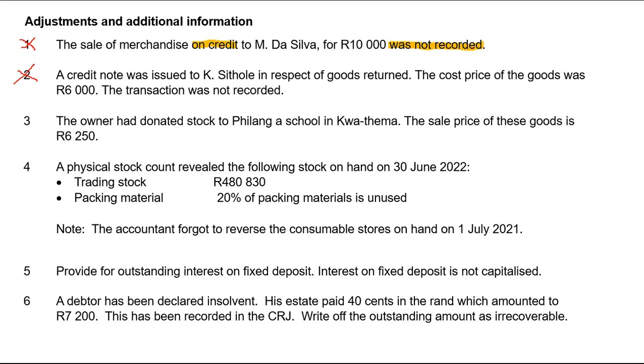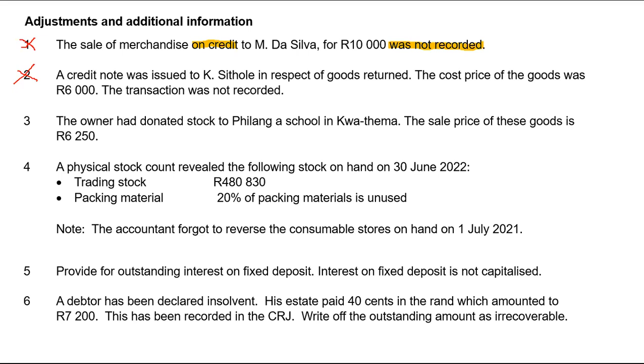Now, when the owner donated goods, the owner is donating those goods on behalf of the business. And therefore, we are going to record it in the financial records of the business. How do we record it? We debit donations because it's an expense at cost price of the goods being donated. Then we credit trading stock because obviously we lose in stock.